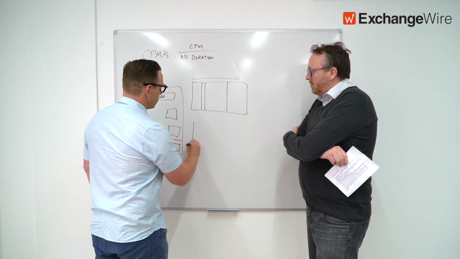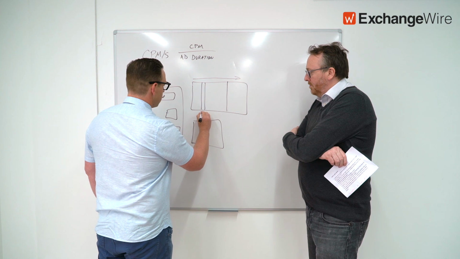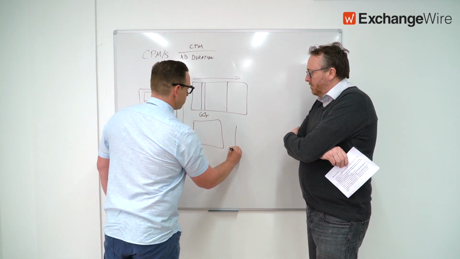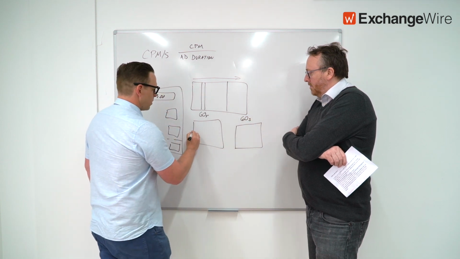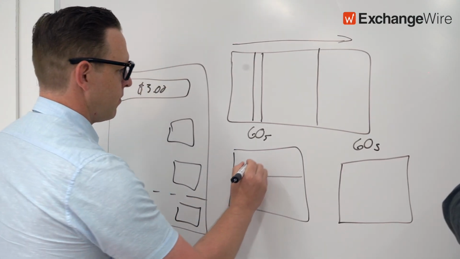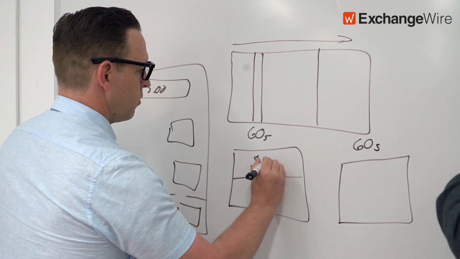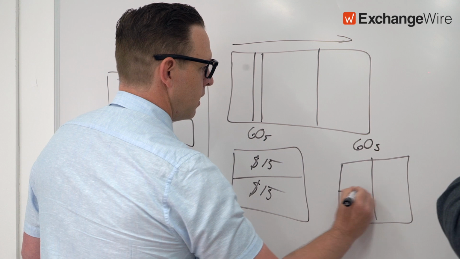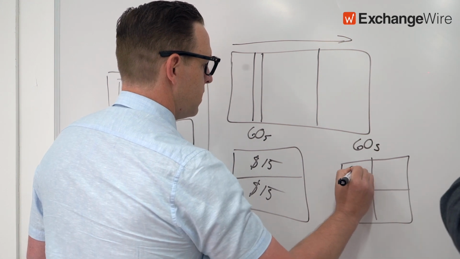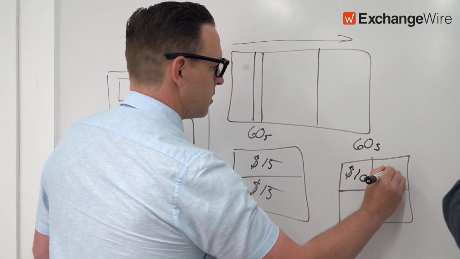So if we look at 2 different ad breaks, let's say we have 60 seconds to fill, right? With this one, we're going to fill it with 2 30s, and we'll fill it at $15. And at this one, we're going to fill it with 4 15s at $10.